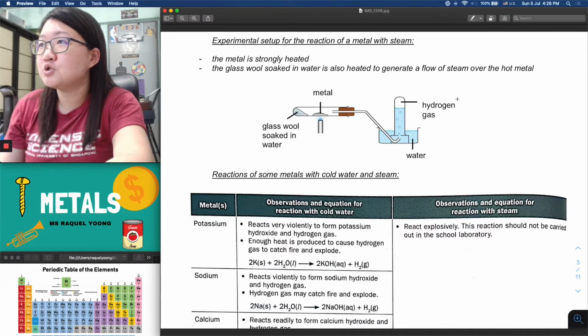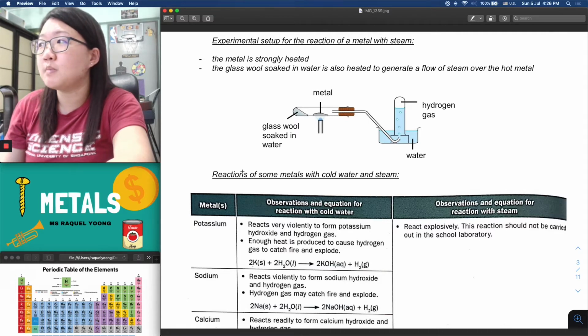Remember, because hydrogen gas is a covalent molecule, one of the physical properties is that it is insoluble in water. Okay, so just a side note, just from this alone, you can see that many of the concepts in earlier chapters are coming together, informing your understanding for subsequent chapters.